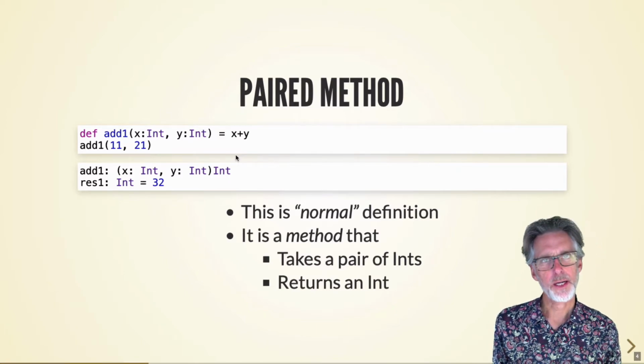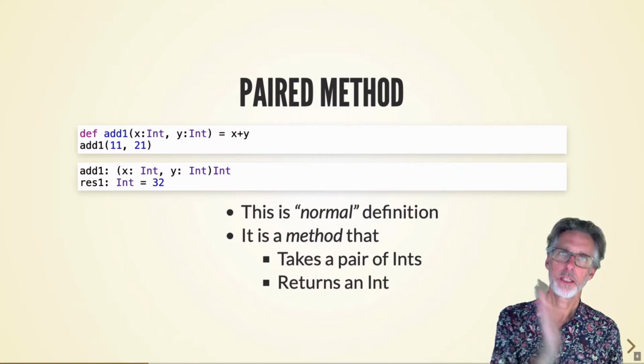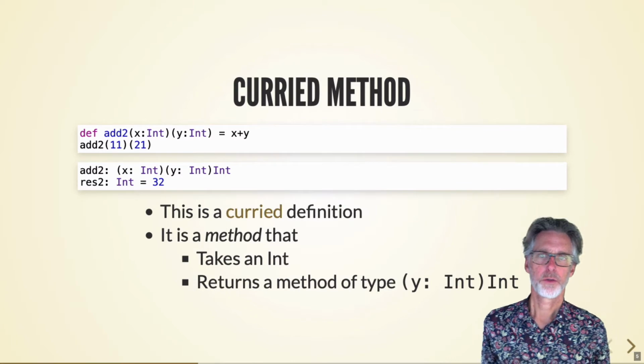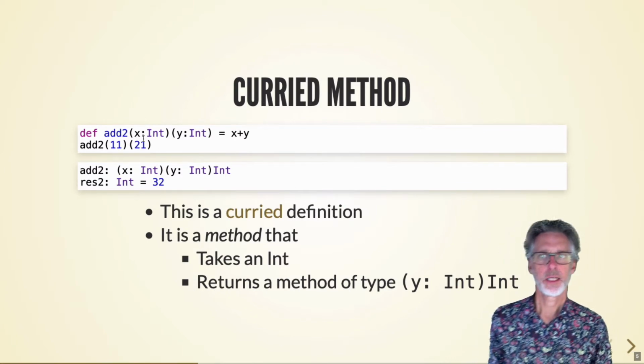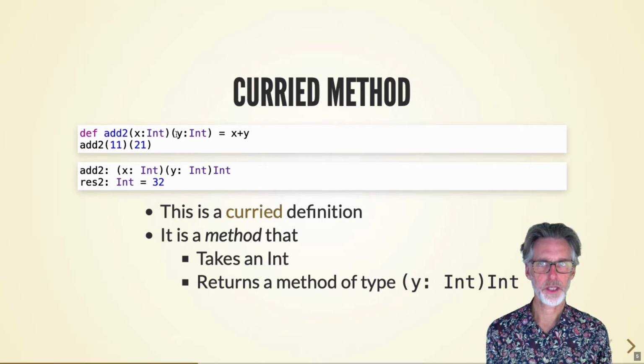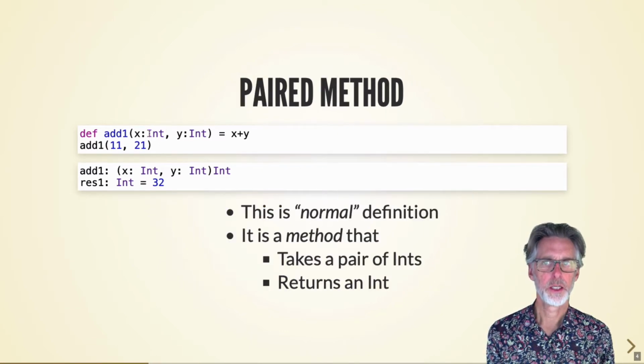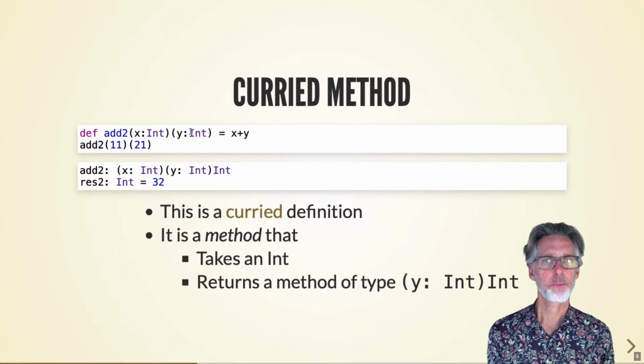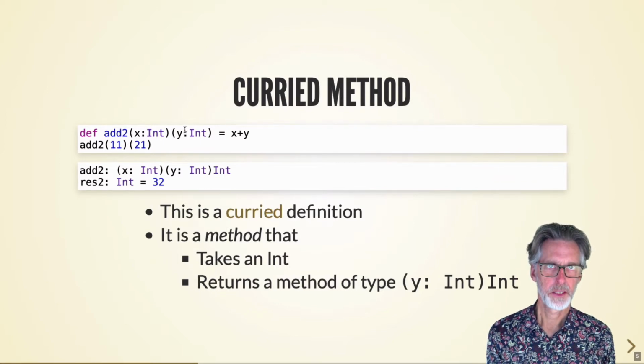We can also write this in a different notation, which is called currying. Here we write the method, instead of using a pair of arguments, we use two separate arguments. And that's reflected also when we invoke the method.